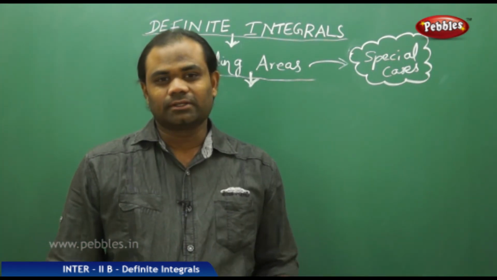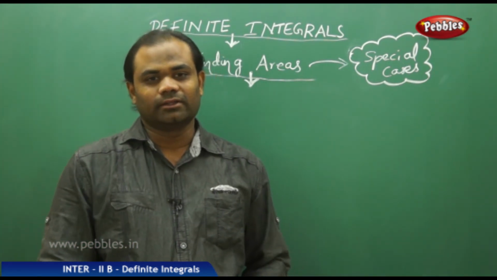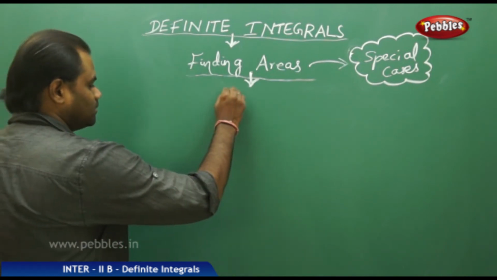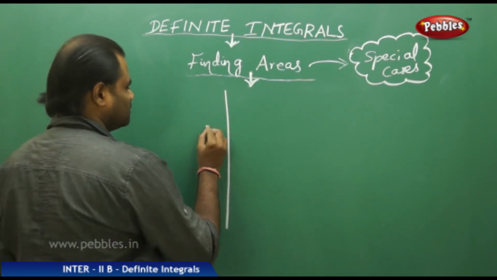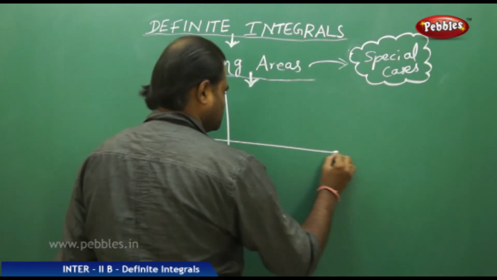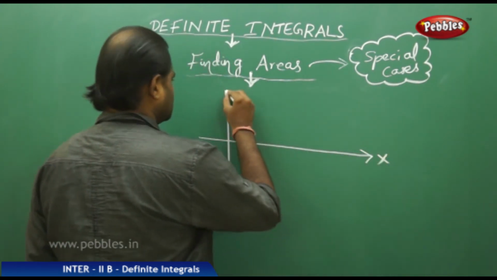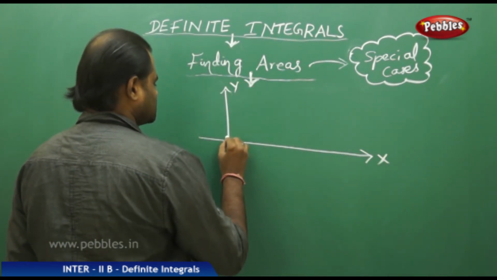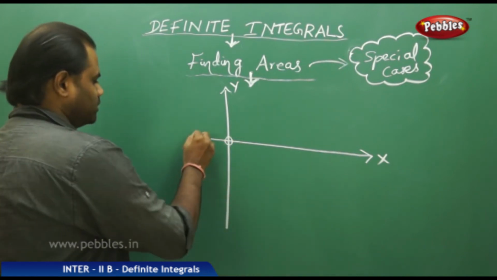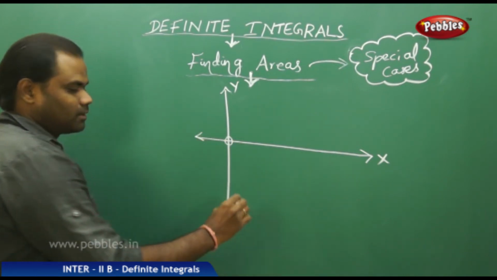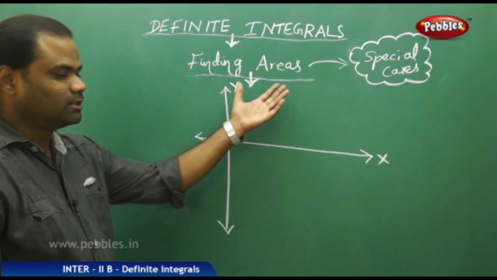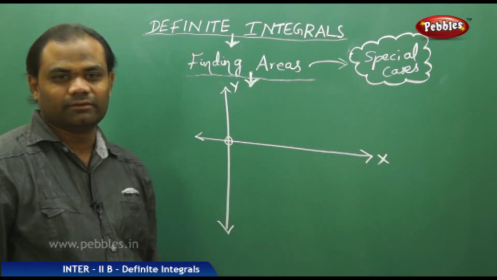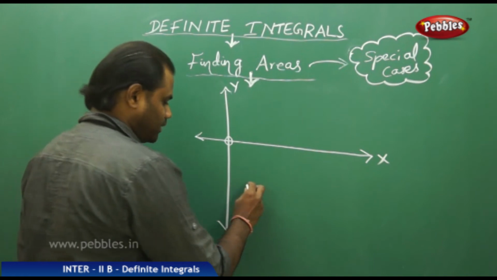Now let's see the next case of finding the area. For example, I have the x-axis, the y-axis, and the origin, which we have out here. Now suppose instead of the curve in the first quadrant, what if the curve is in the third quadrant or fourth quadrant?